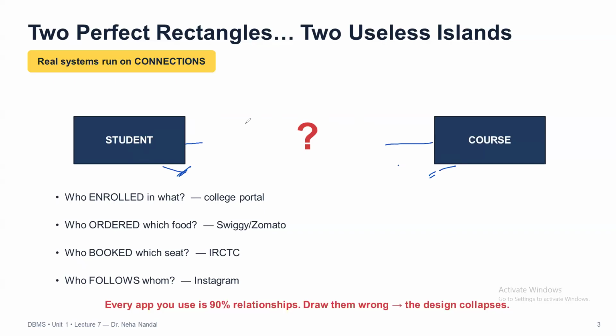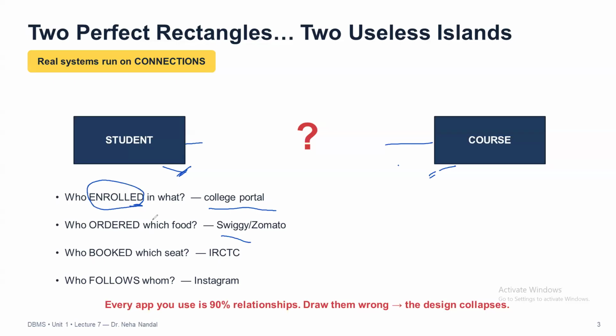Think about every application on your mobile phone. You can think of a college portal. Who enrolled in what? In college, you check that as a student. Next, Swiggy or Zomato. Who ordered which food?